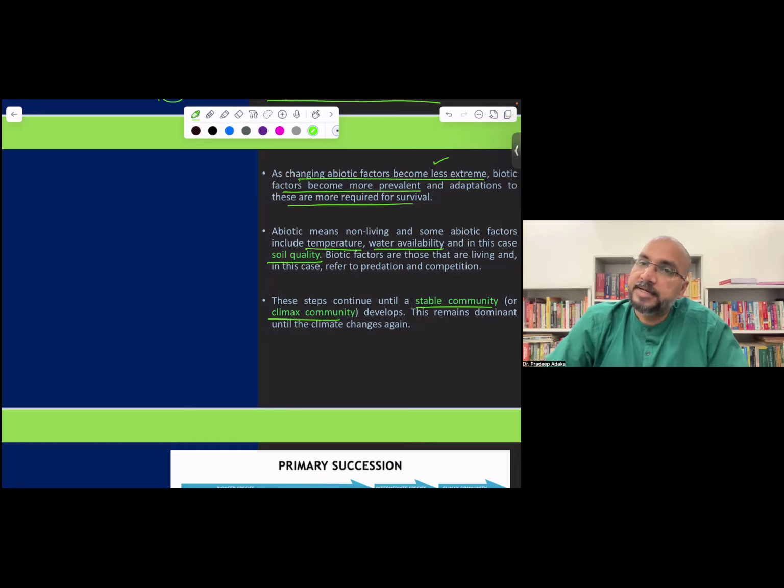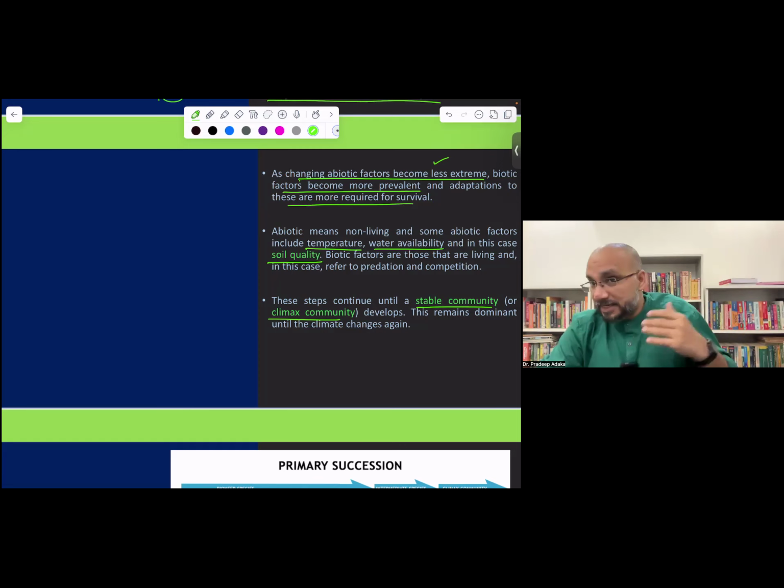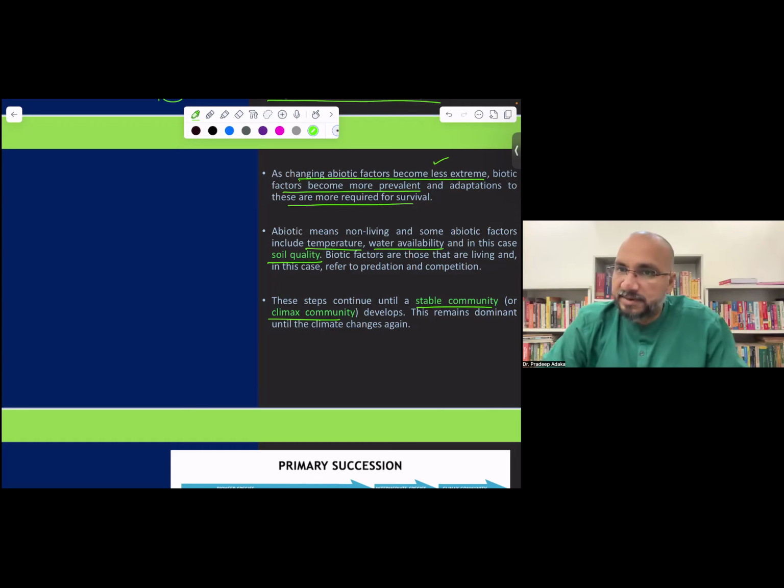So this remains dominant until an accident happens. Again fire या कुछ हो गया तो फिर change हो जाएगा. Again the succession will start. Until there is a natural calamity or an accident, this will remain stable. So climax community is a stable community. So ultimately climax community will take over.